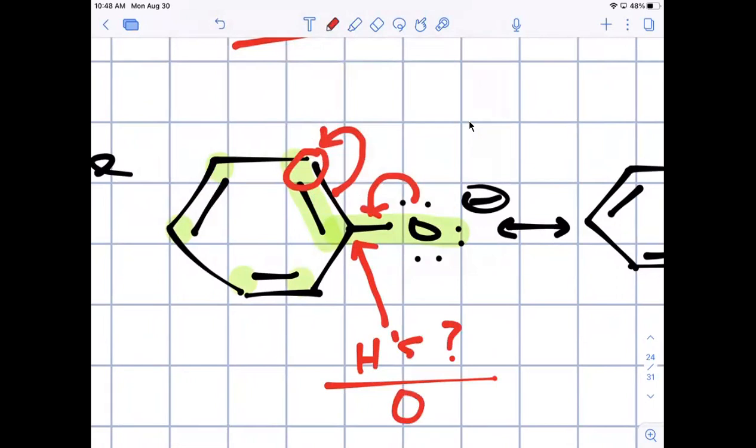If you count the bonds, there cannot be a hydrogen there because it already has 4 bonds. But if you look around the ring, all of these have 1. So for your aromatics, each carbon in that ring is going to have 1 hydrogen on it.